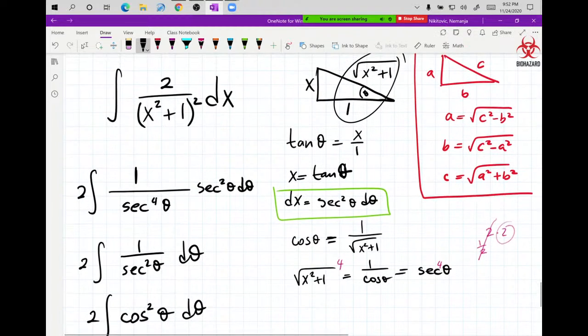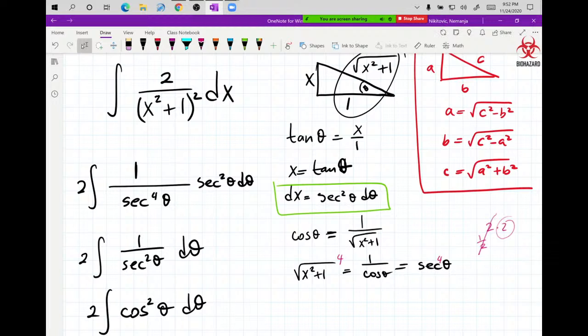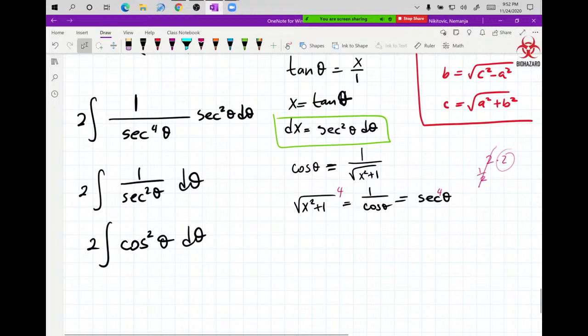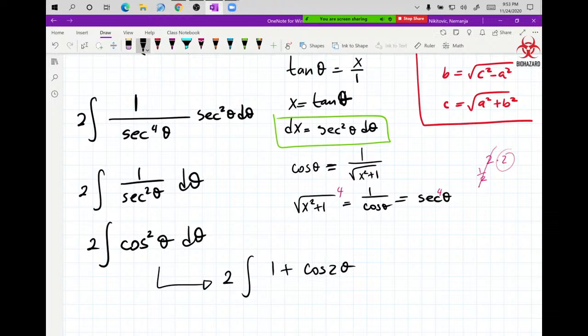So we were able to go from the integral that we cannot integrate at all into something that we can quickly integrate using the power reducing formula from trig course. So you have 2 times the integral of (1 plus cosine 2 theta) over 2 d theta, then these 2's cancel, and so on. So now it becomes a basic problem, and you can solve it.